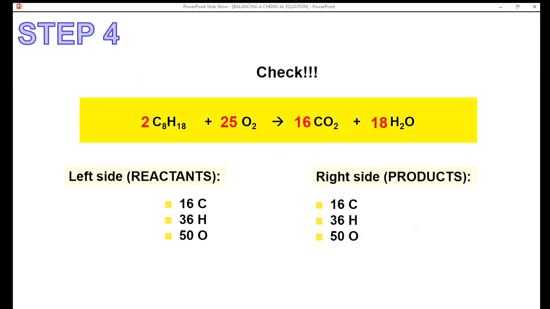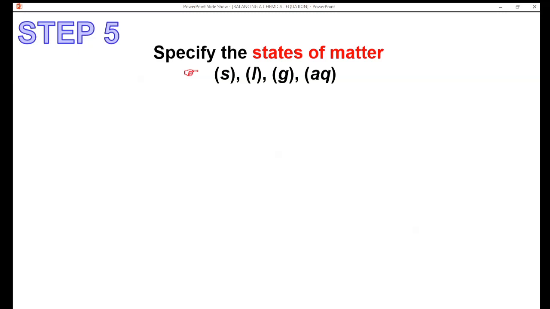The final step is step 5. In step 5 we are going to specify the states of matter, whether the components in the equation are solid, liquid, gaseous state or aqueous state.